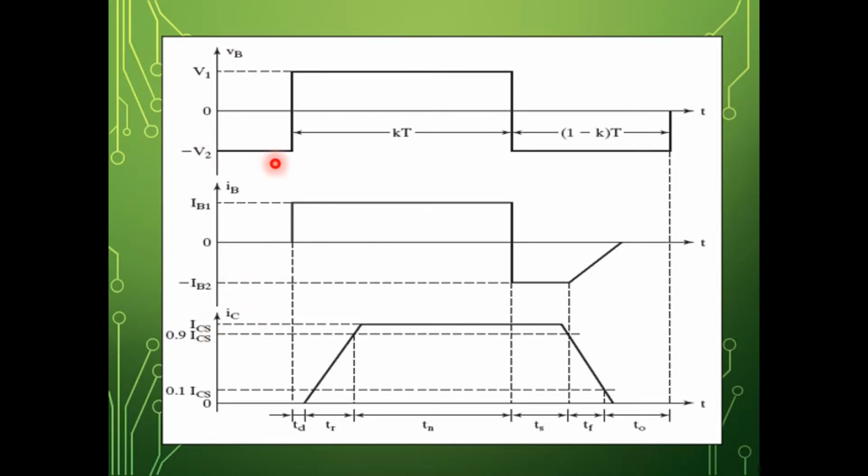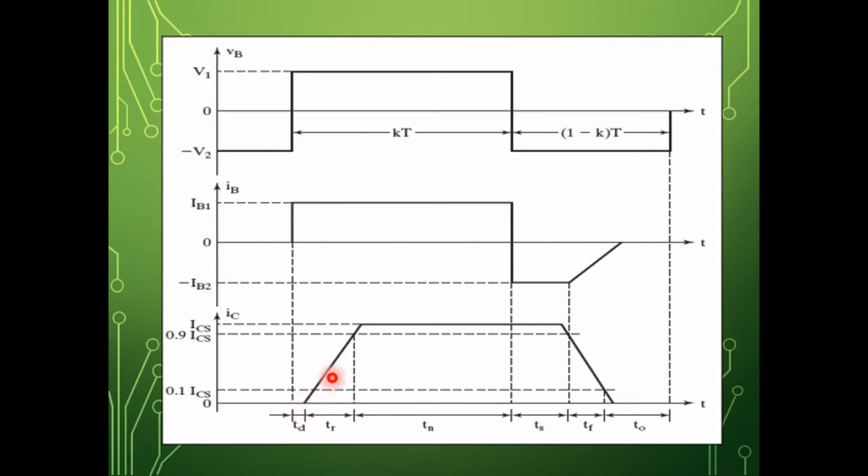As you can observe here, on applying the base voltage of magnitude V1, the collector current will not increase at once. Base current will increase to IB1, but the collector current will not increase at once. That is because the base to emitter junction capacitance that we have seen in the transient model has to get charged to 0.7 volt.